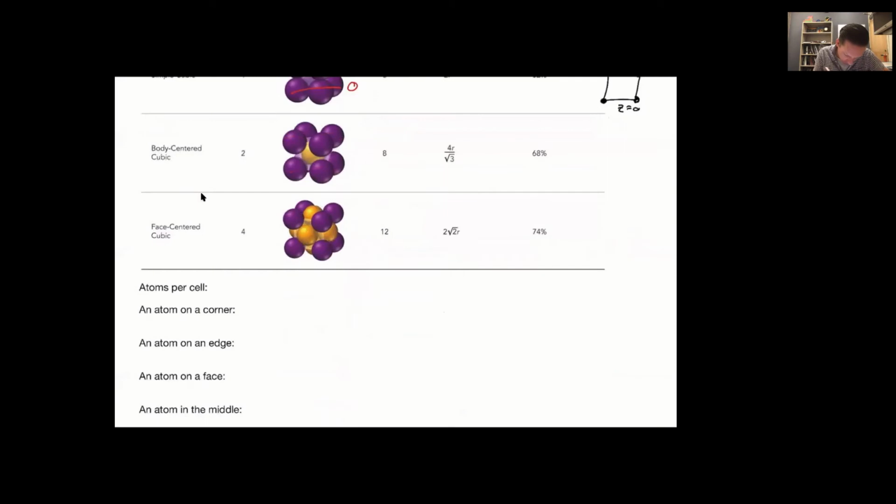So an atom on the corner is 1/8 within unit cell, but there are 8 corners. 1 atom within unit cell.